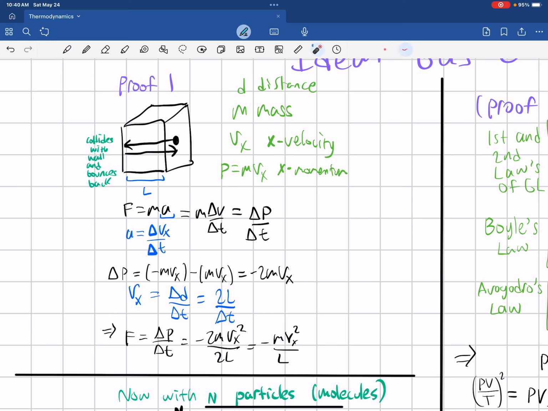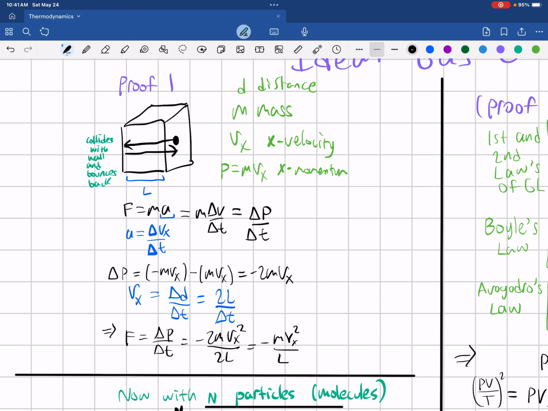And we know force is equal to mass times acceleration, and since acceleration is delta vx over delta t, the change in velocity over time, we can plug this in. We have m delta v over delta t equals delta p over delta t.